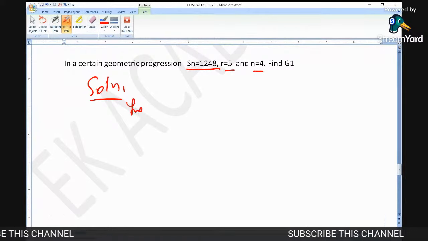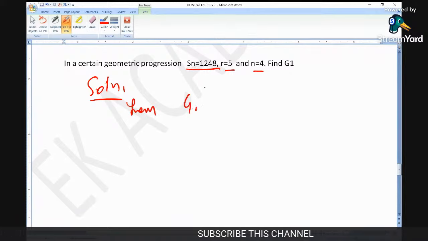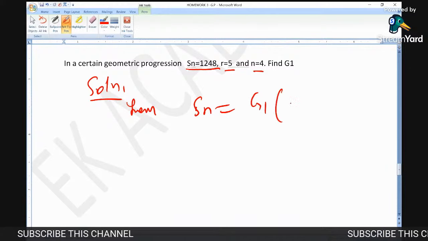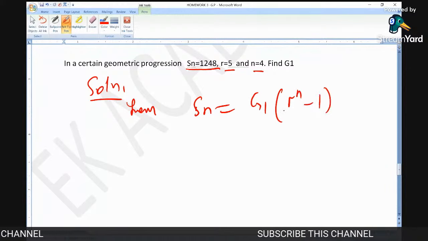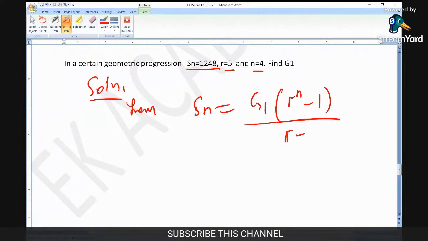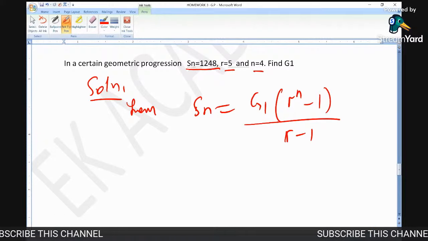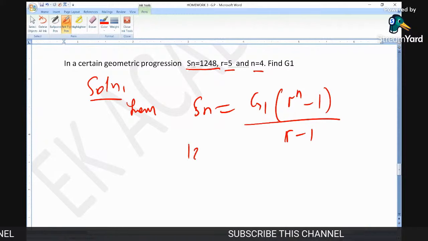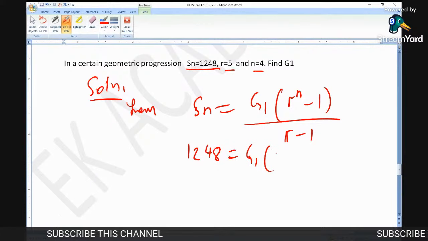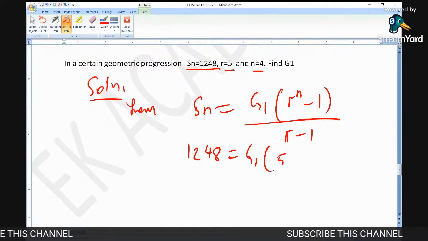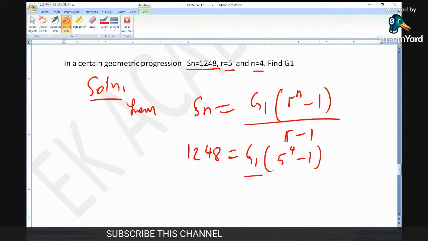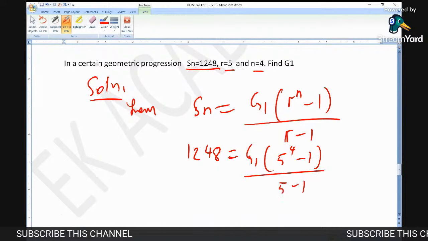So we're going to go straightforward. We're going to say from Sn equals G1 in the bracket r exponent n minus 1 over r minus 1. So we are plugging the values now, and Sn is 1248 equals G1 in the bracket r, it is 5 power 4 now, minus 1 over 5 minus 1.